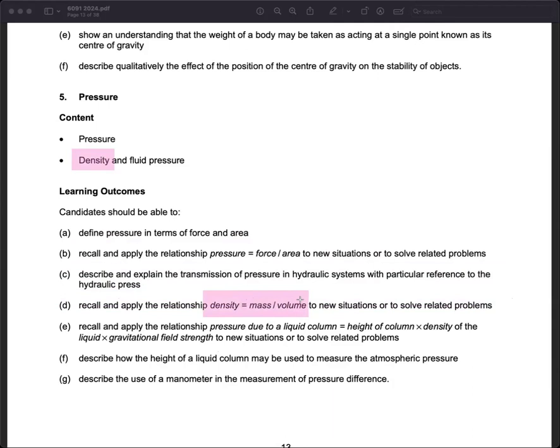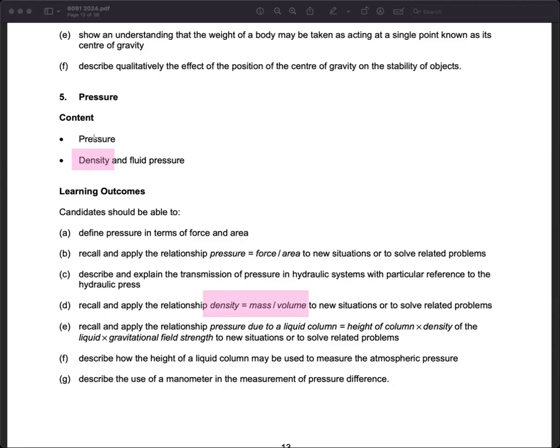Based on what I taught you about the definition of pressure, can you all tell me what is the definition of density? Based on this formula, can you describe? Define density. Exam question is define density.